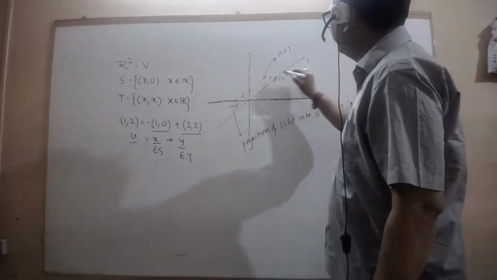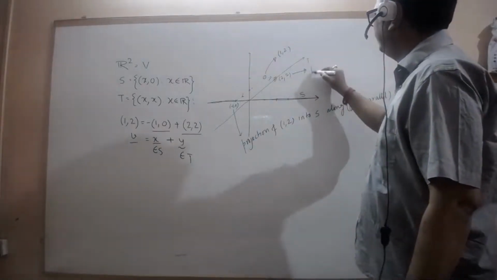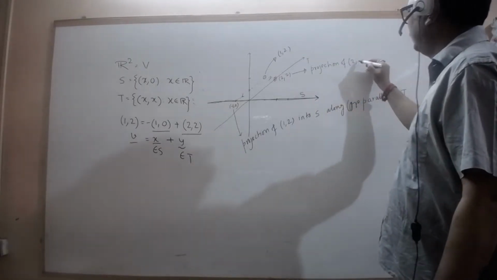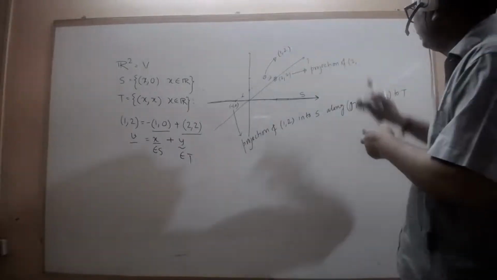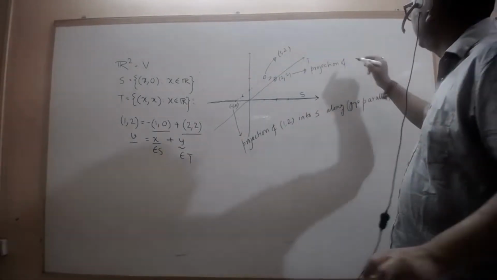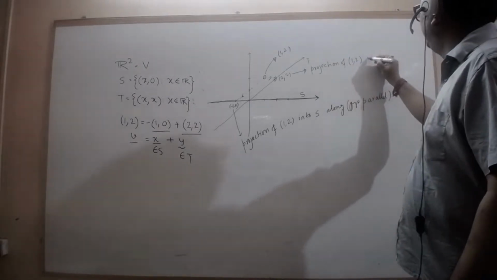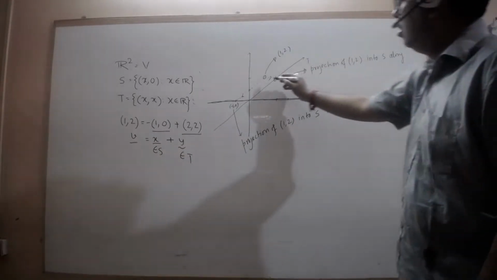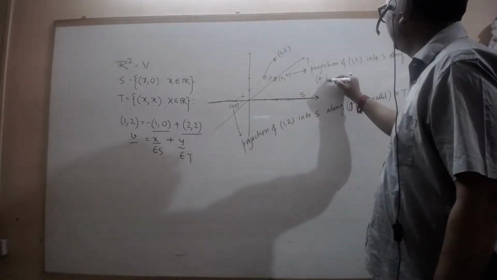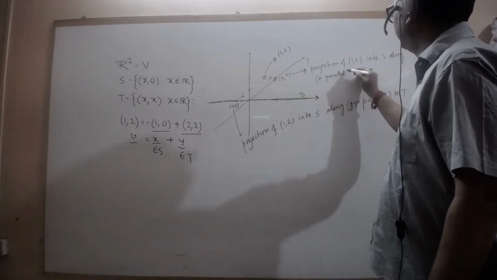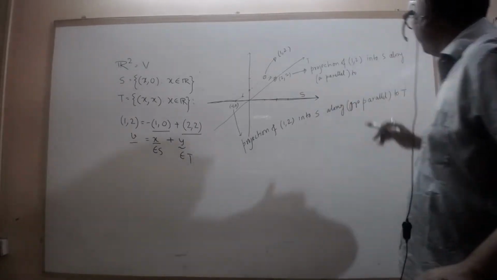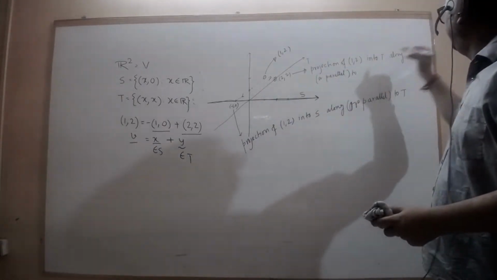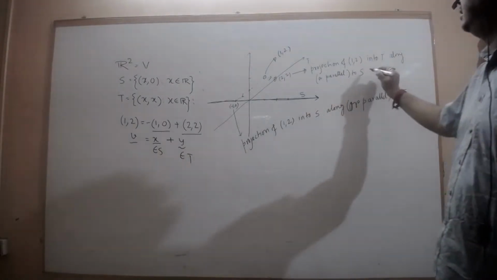So (2, 2) is the projection of (1, 2) into T, along or parallel to S.